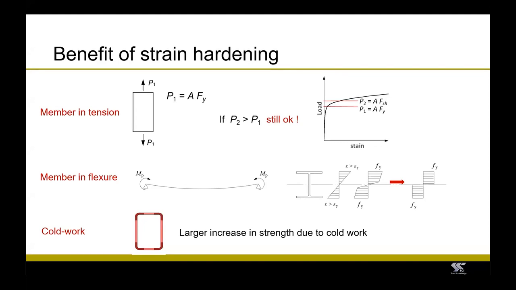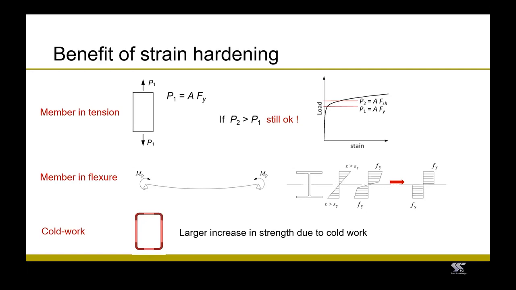Now, if for any reason the force that is applied to the member is slightly larger than initially anticipated, due to strength hardening, the member will still be able to resist increases in load by developing stresses that go beyond the yield stress.